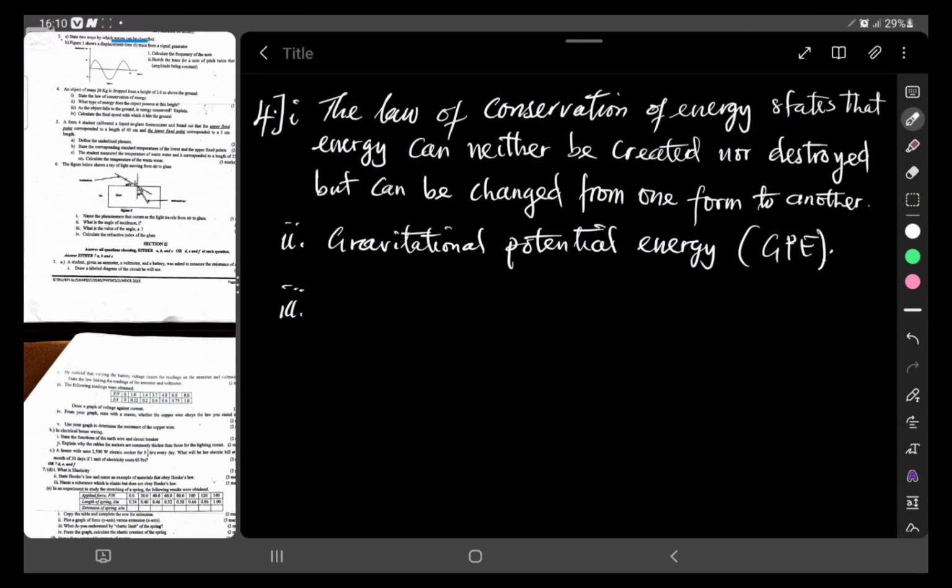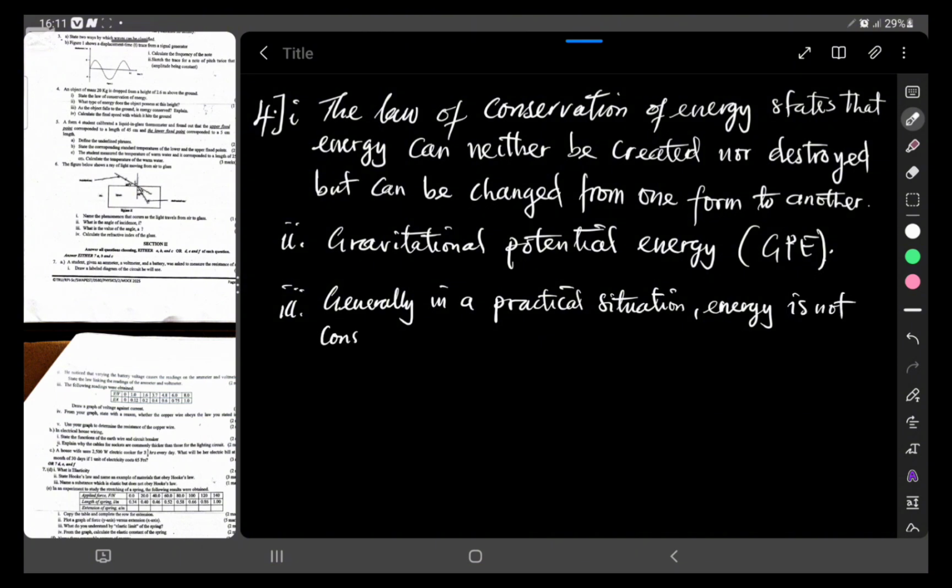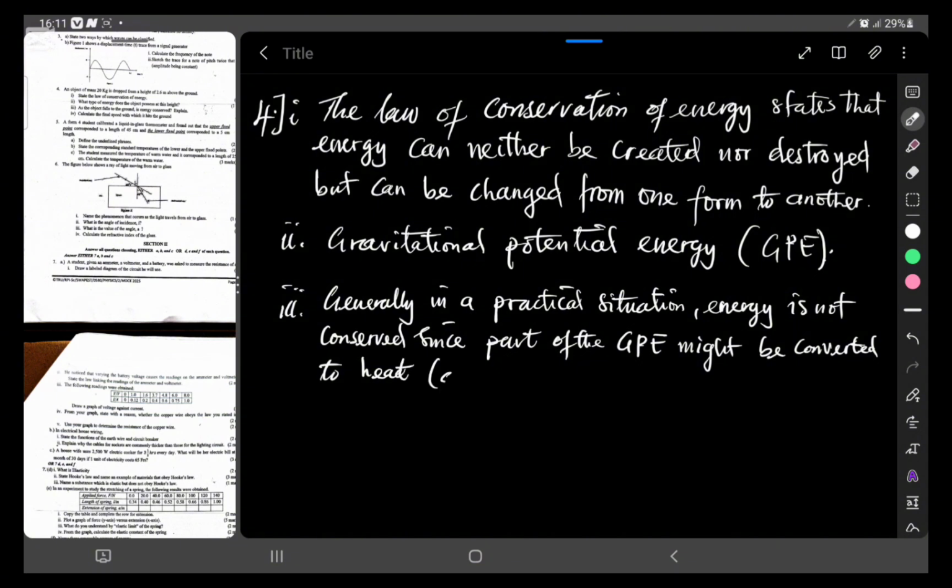So in general, what I'll write is this: generally, in a practical situation, energy is not conserved since part of the gravitational potential energy might be converted to heat due to friction between the object and air molecules.